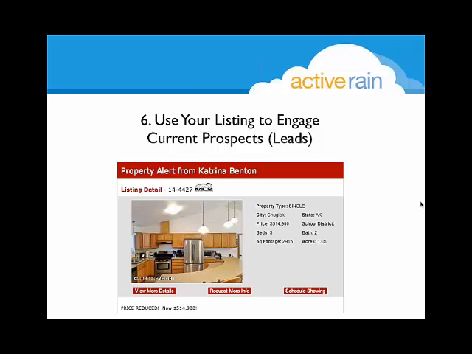And it actually tracks. You can see "view more details," "request more info," or "schedule a showing." When you send a blast out like this, let's say it went out to 500 people, we can track on the back how many of them requested more info, how many of them actually clicked that schedule a showing button. And every time she sends one of these, she gets a couple of people.